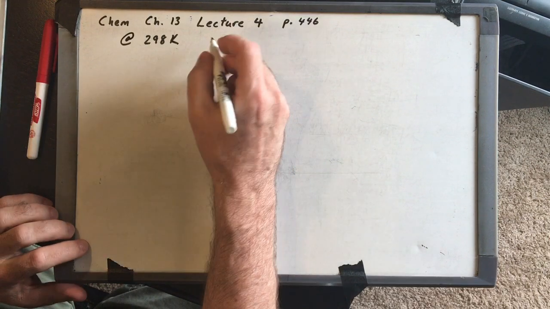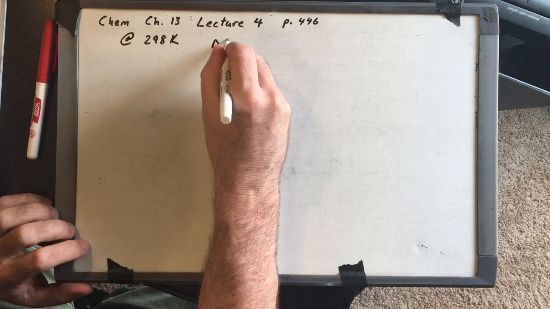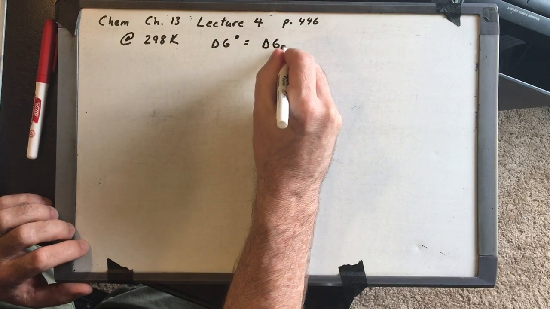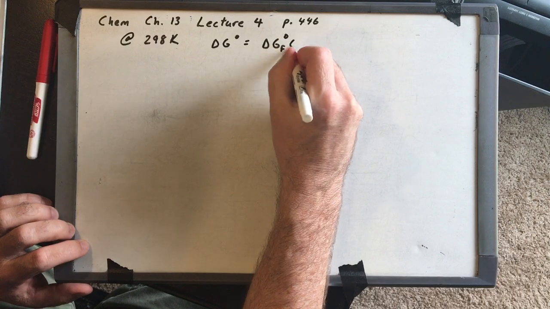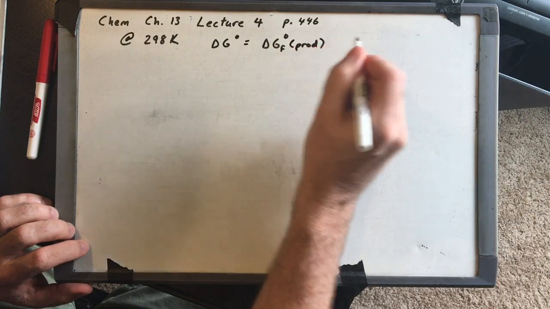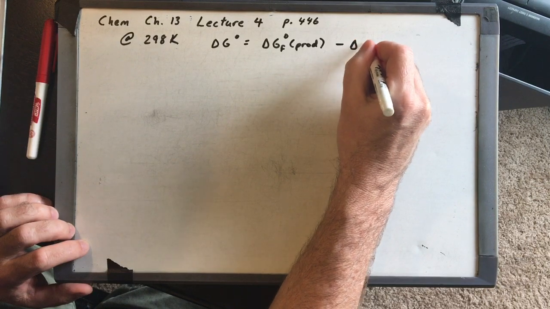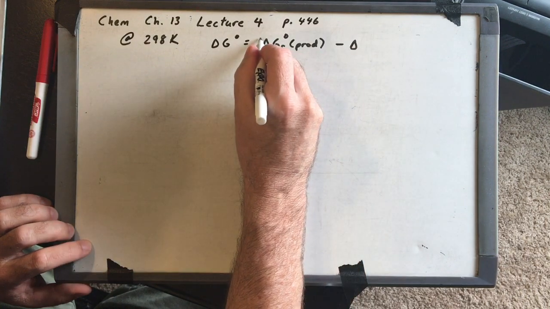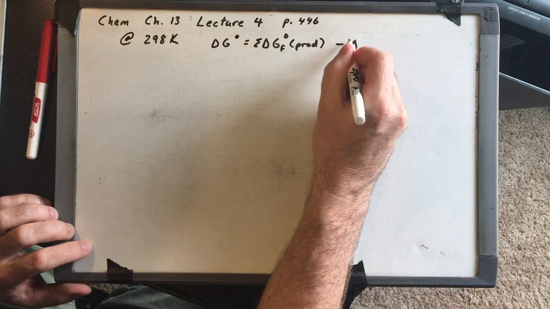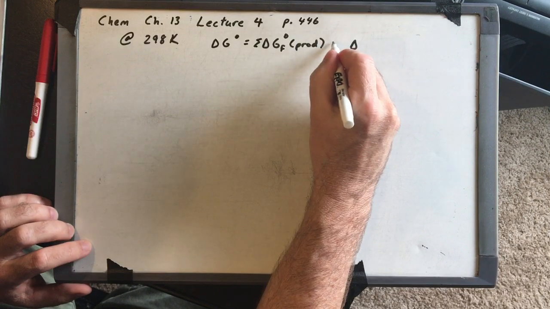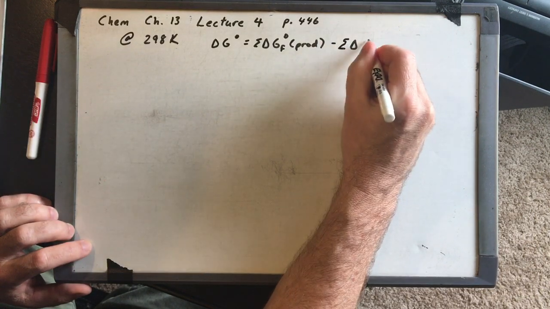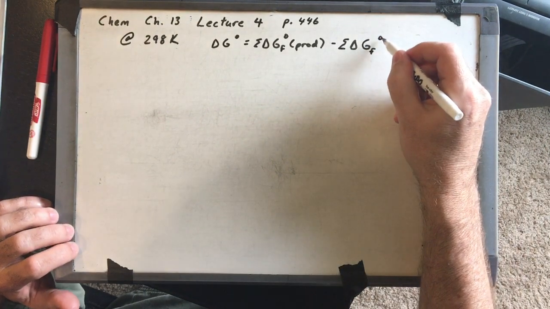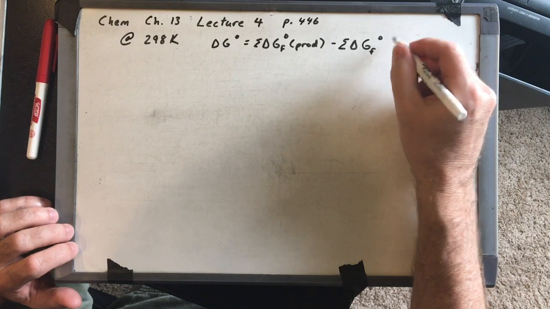Our equation is delta G is equal to the sum of the Gibbs free energy of formation of the products minus the sum of the Gibbs free energy of formation of the reactants. There are a lot of little symbols, standard conditions, formation, but don't worry about all that.